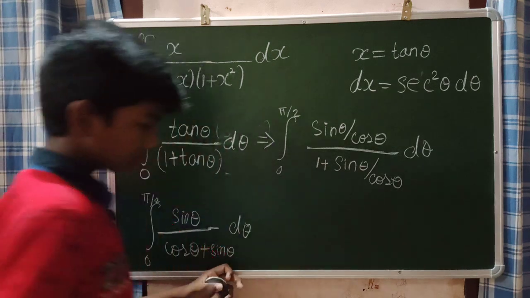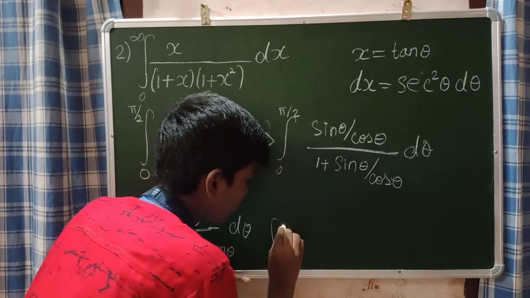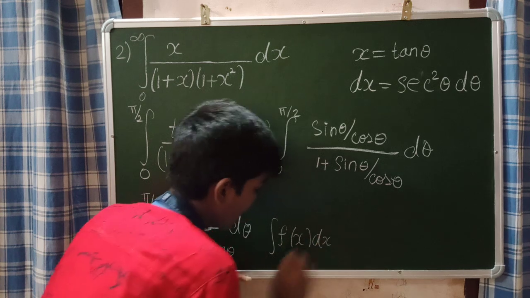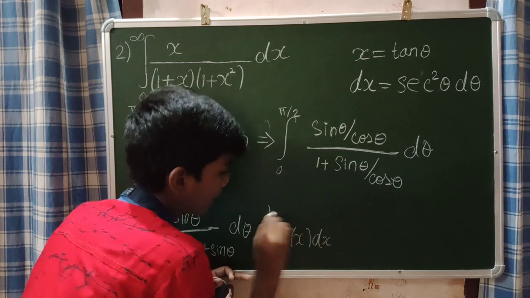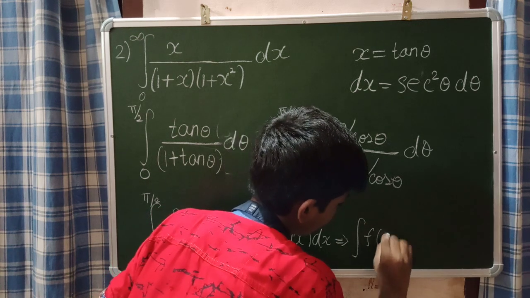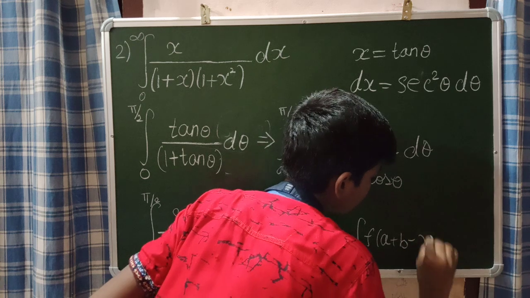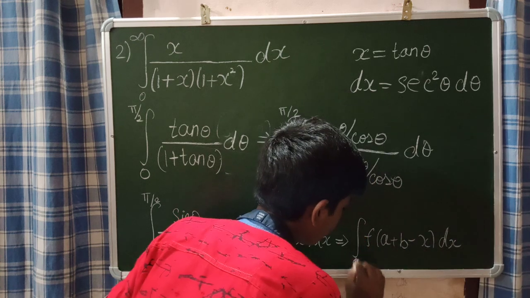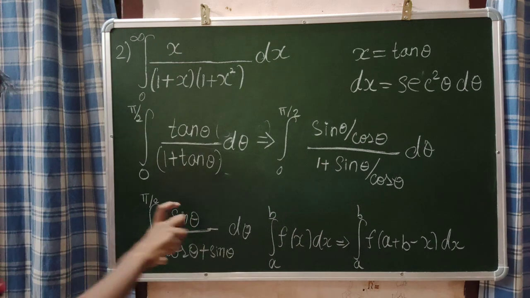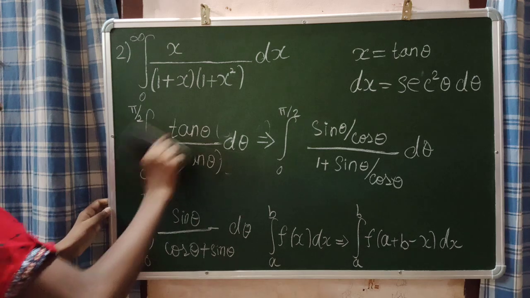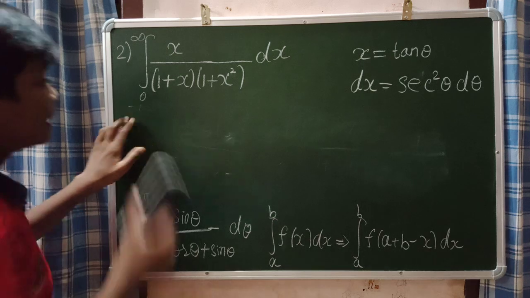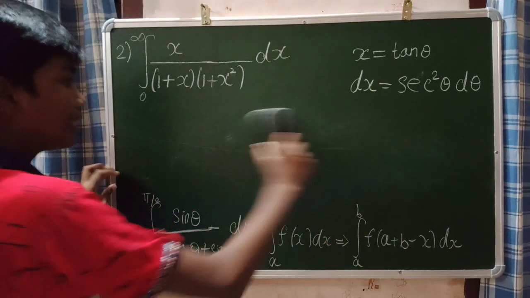It says the integration of f of x dx from a to b can be written as the integration of f of a plus b minus x dx, where the limits are the same, a to b only. This is what the King's rule says, right? So that is what I am going to apply in this term.